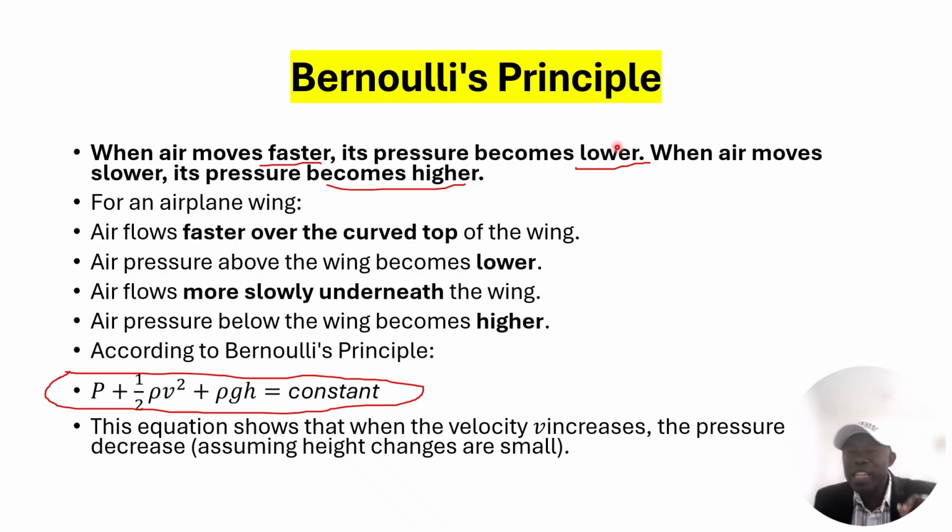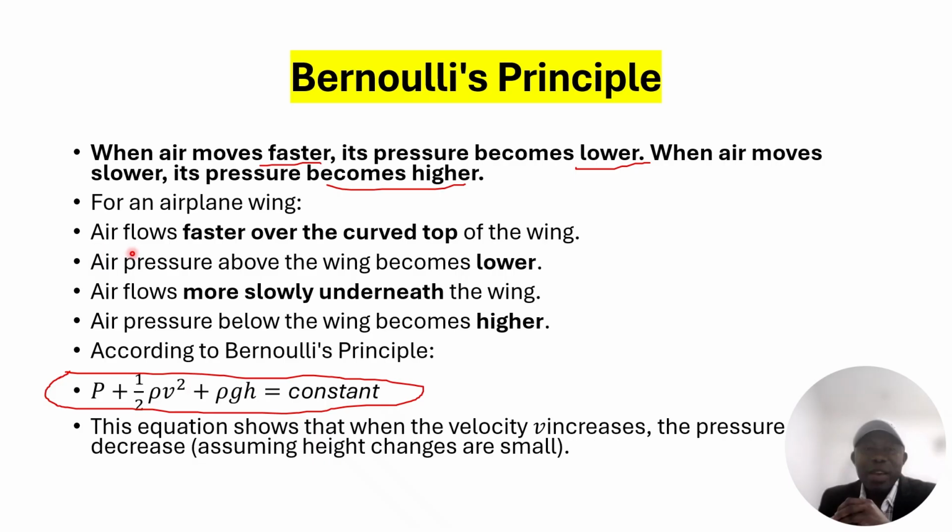That's why the roof is normally taken off rather than the bottom. That's why when wind is blowing hard, you bow down, you stay low to avoid the fast-moving wind. So the Bernoulli principle explains that the faster air moves, the lower the pressure. When it moves slower, the pressure is higher.